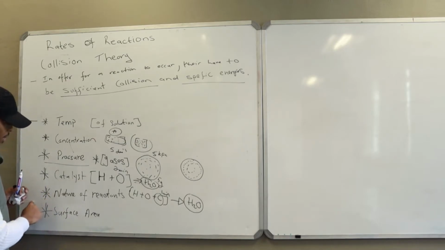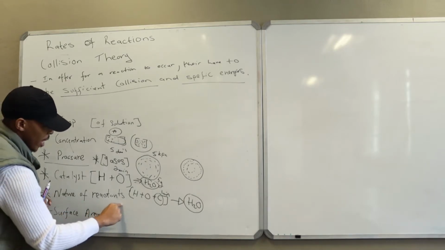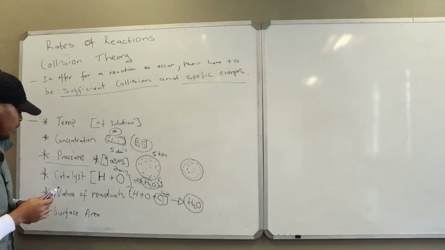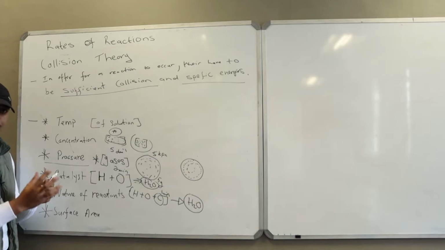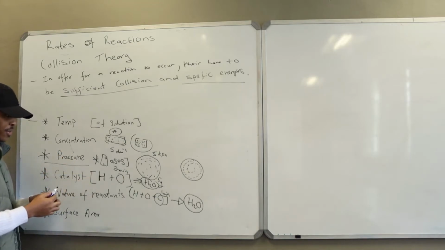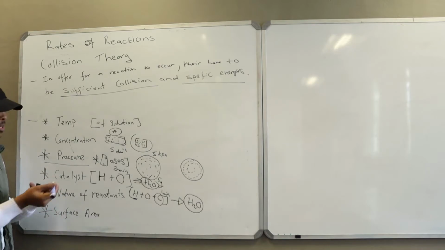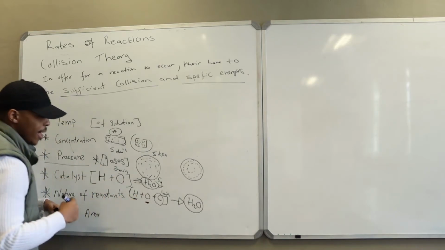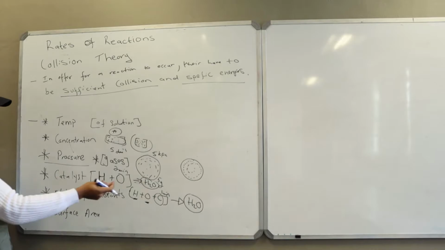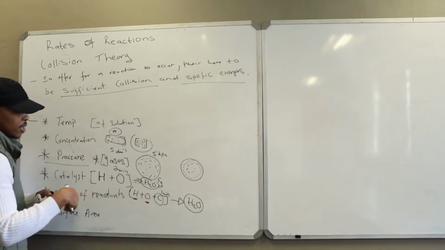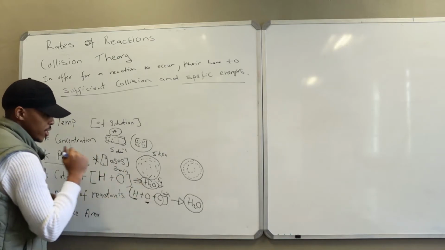Right. And then we talk about the nature of reactants. When you're speaking about the nature of a reactant, you're speaking about its properties. Hydrogen has certain properties. Oxygen has certain properties. Maybe we know for a fact that hydrogen is more flammable than oxygen.